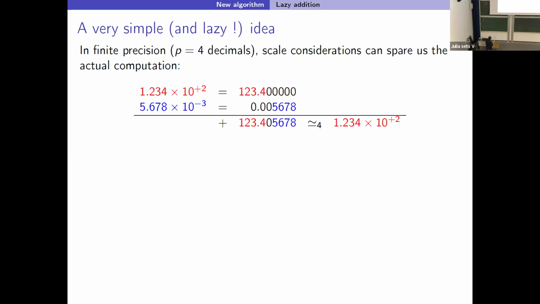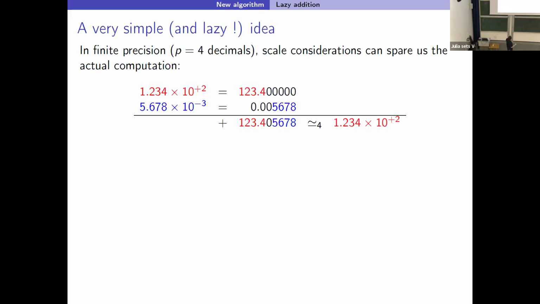So if you know that the exponent is a bit larger than the precision, then if you do the addition or subtraction or whatever, and then you do the rounding because you can only keep 4 digits, it's the same number. You can ignore the other. You don't do anything. So this is lazy addition. You just look at the exponents, which are already there.